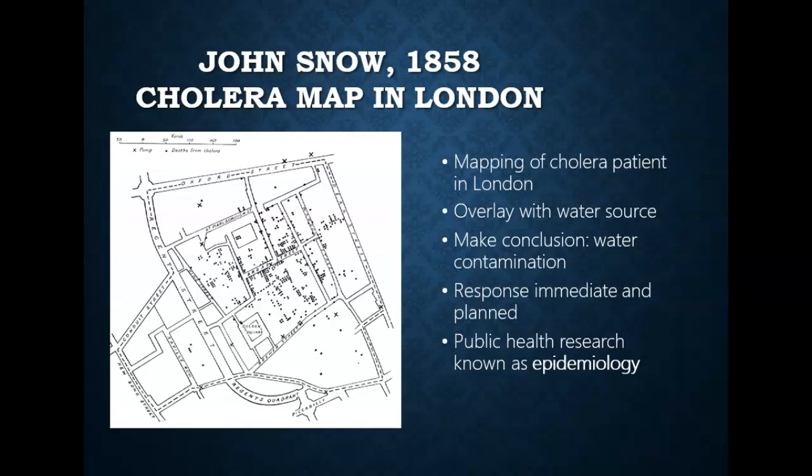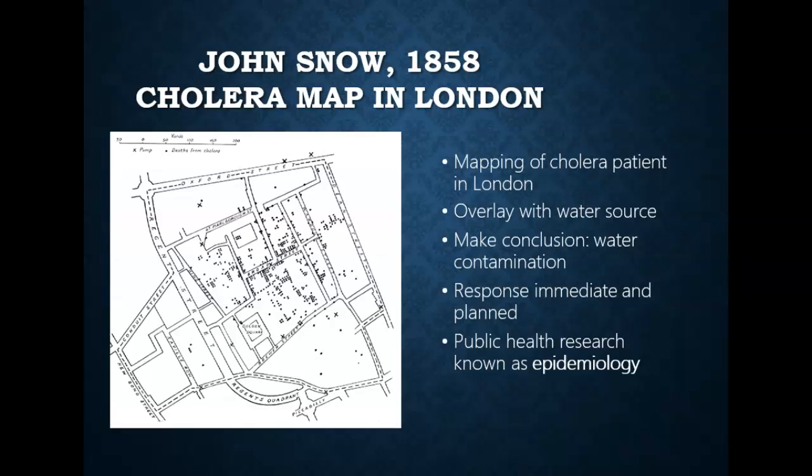The first person who systematically studied this and tried to come up with a solution is John Snow, when he was studying cholera within the city of London.